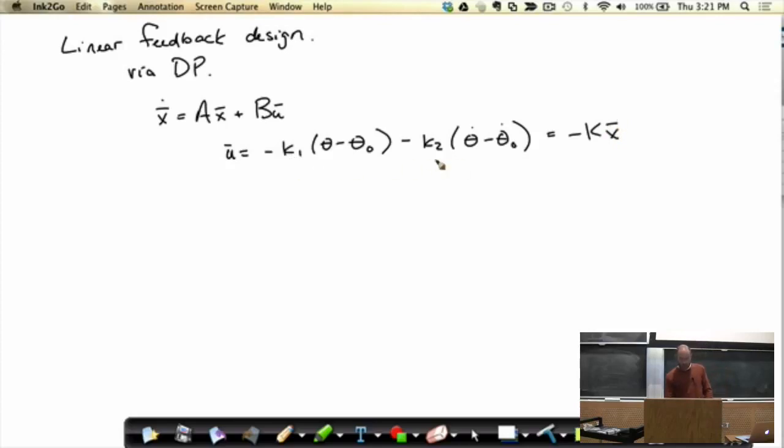A classic approach to doing this, let's say this is a multi-input, multi-output system, but you could do pole placement approaches. So I could write this as a closed loop system, x bar dot equals (A minus BK) x bar, and I could look at the eigenvalues of this and ask, what happens as I change K?